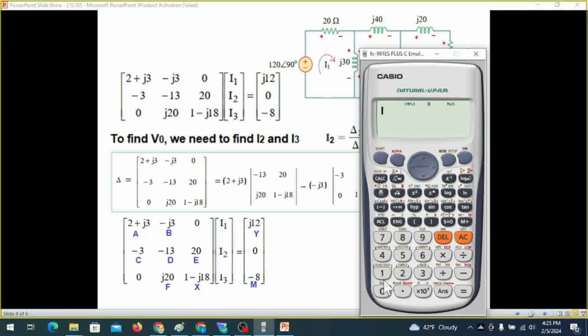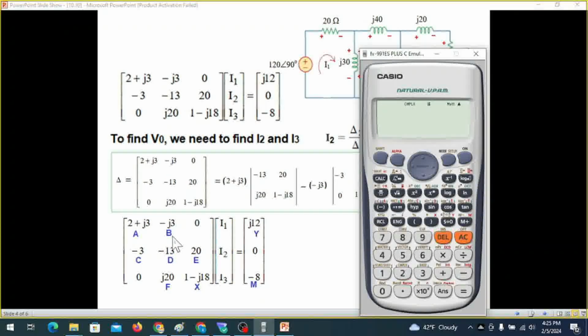2 plus J3, we'll write 2 plus 3I. We don't have a J button, but there's an I button. So 2 plus 3I. Then we press shift, and this is the store button. So we press that, and then we press A. So you can see this arrow sign is saying A has been assigned this value. Then we press AC.